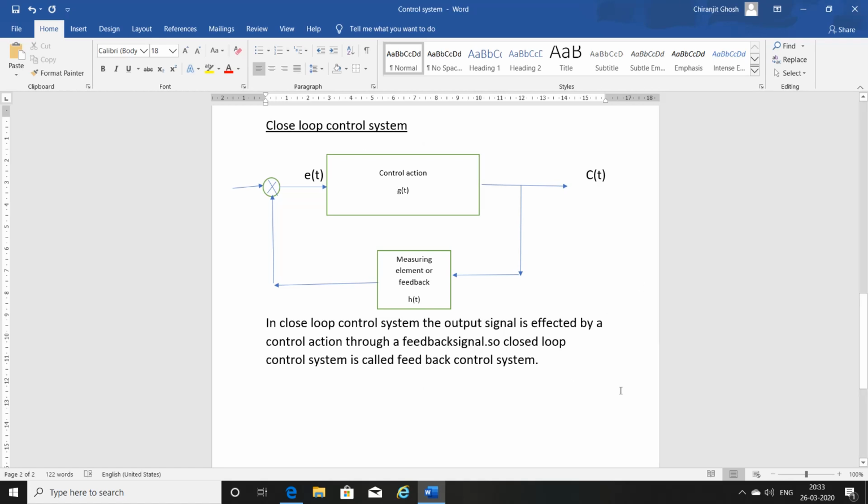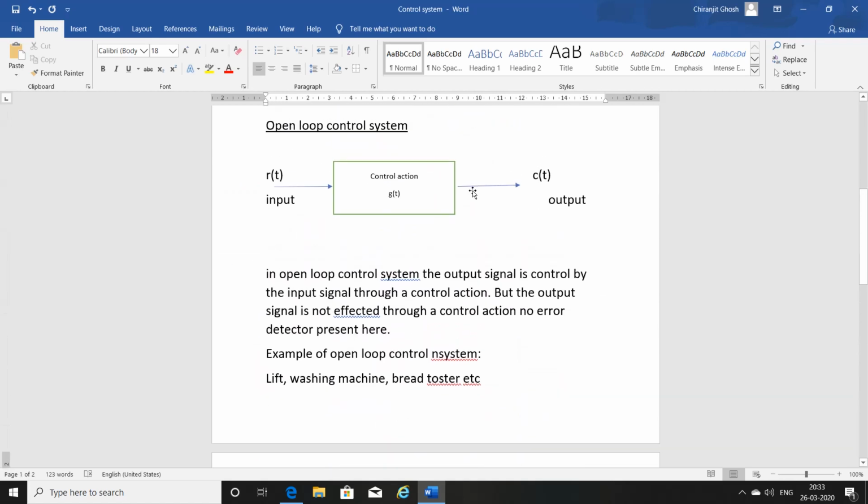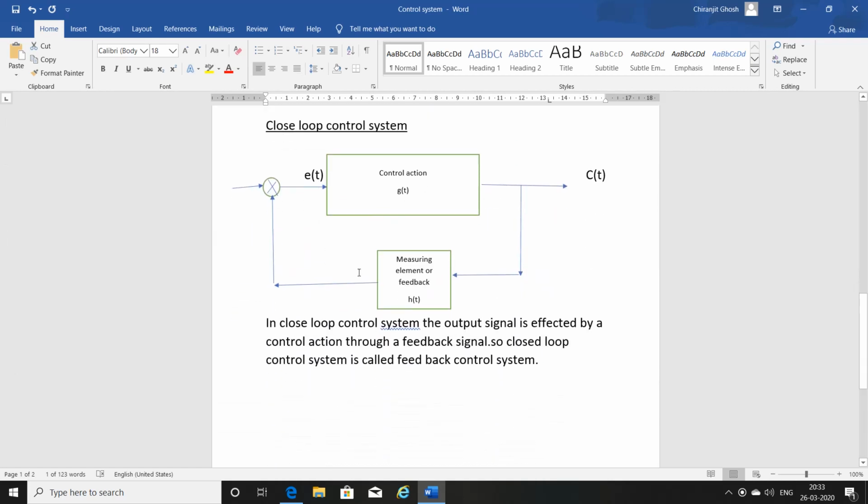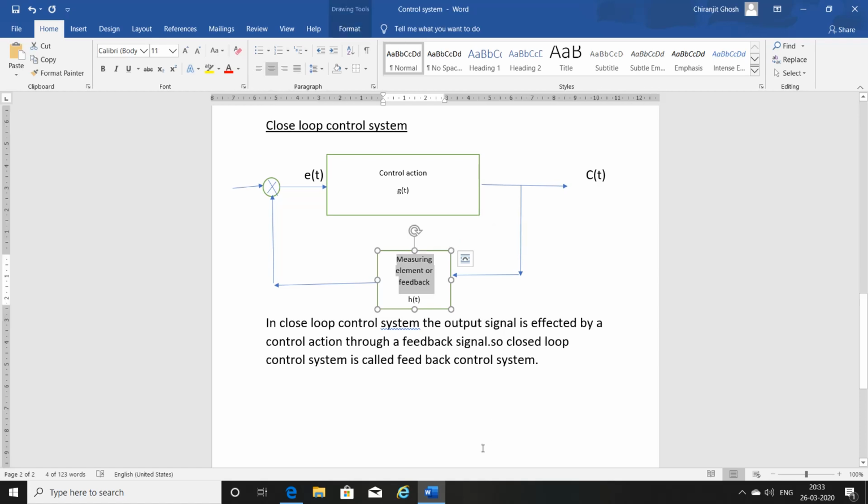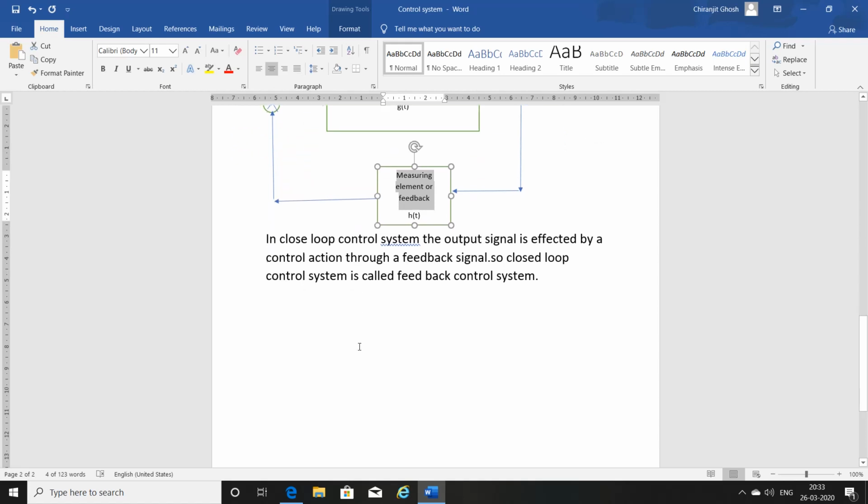In an open loop control system, the output signal is not affected by the input signal, because there is no feedback or measuring elements. But in a closed loop control system there is a feedback. This feedback helps to affect the control action through a feedback signal. So the closed loop control system is called a feedback control system.